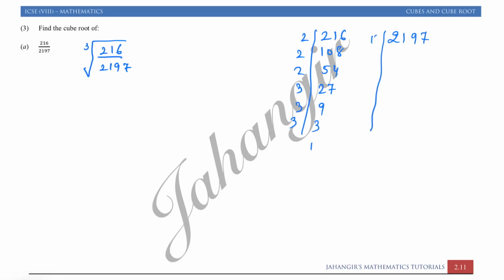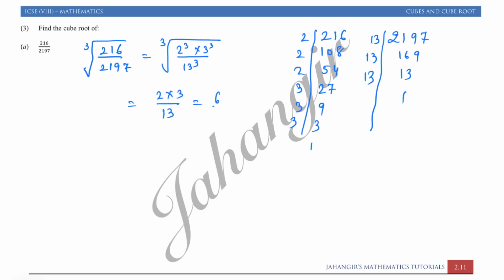This is 13 cube: 13 169s are 2197, 13 13s are 169, 13 1s are 13. So we can write cube root of 2 cube into 3 cube upon 13 cube. With cube root we can remove the cube, so you will get 2 into 3 upon 13, that is 6 upon 13. Okay, hope you understood this.